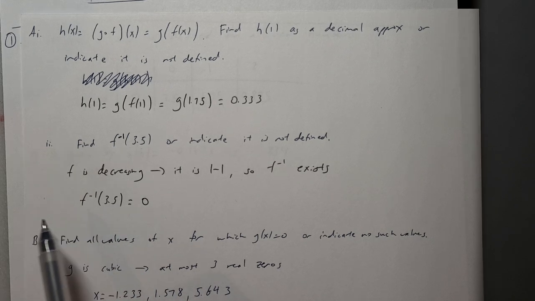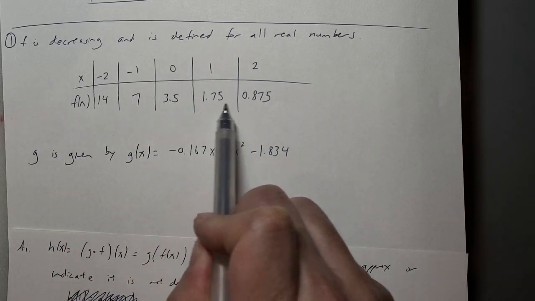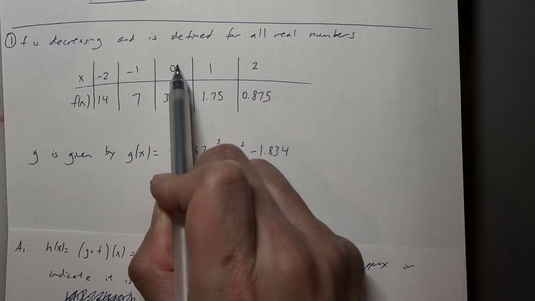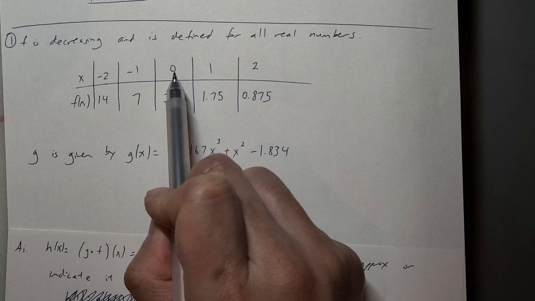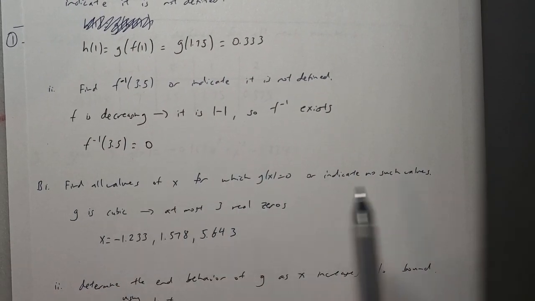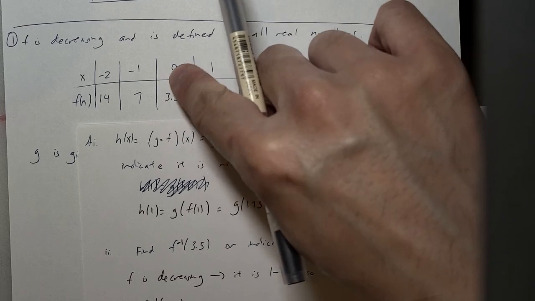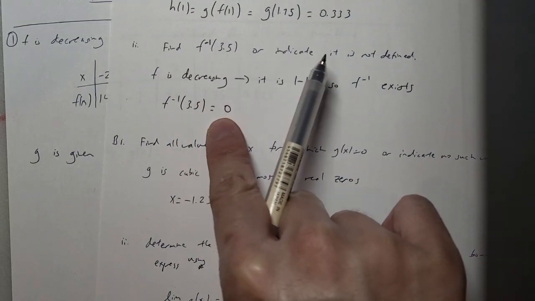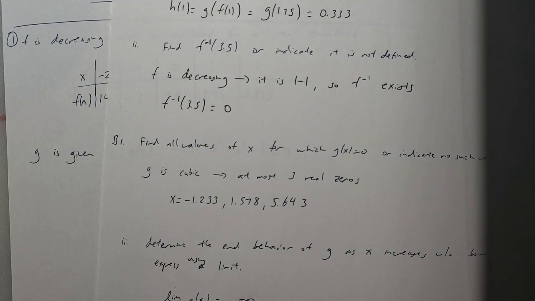That means we want to look at the output of f. Here's 3.5. So we look at the input of f, which becomes the output of f inverse, 0. Okay? You can see clearly the input and output are swapped. Input, output, input, output. Okay, that's an important idea for inverses.